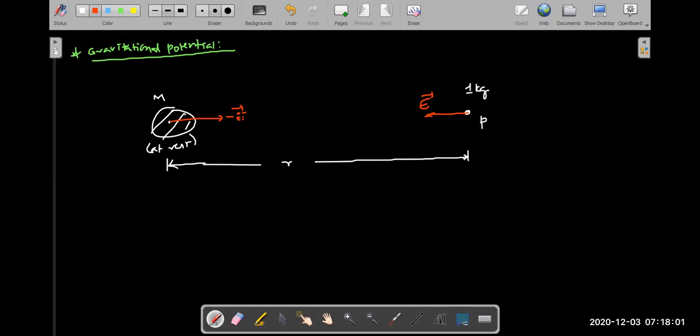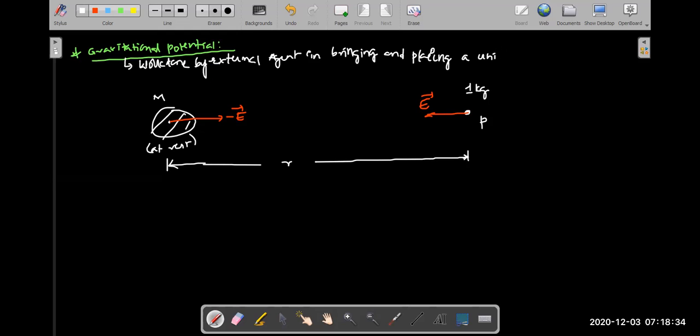So gravitational potential is defined as the work done by external agent in bringing and placing a unit mass at point P from infinity.